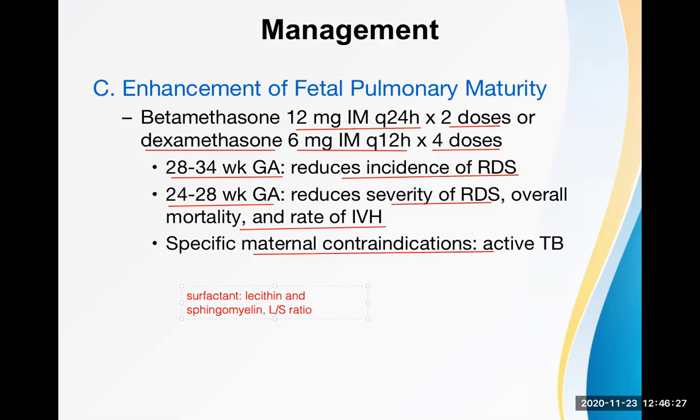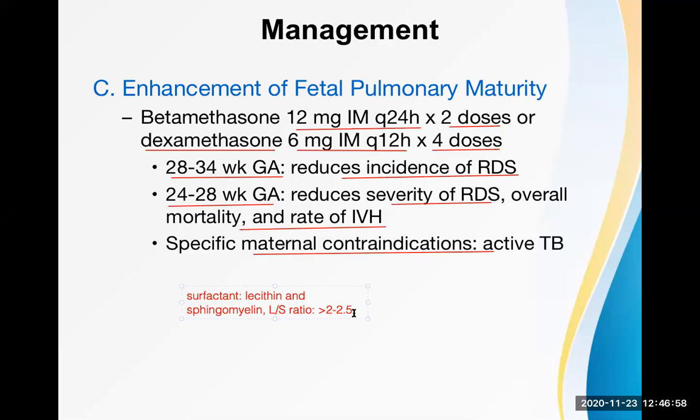the lecithin to sphingomyelin ratio, should be more than 2, to 2.5 in a normal situation. What does that mean? That means if the fetal lungs are already matured, and if we take the amniotic fluid out and check the lecithin sphingomyelin ratio, it should be more than 2 to 2.5.